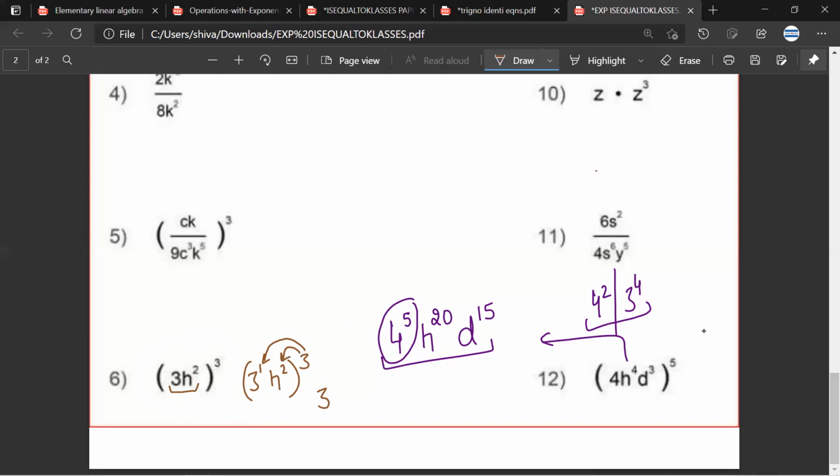So this will be equal to 3 cube into h square. Mr. Satya, any doubt? No. Mr. Sarthak? Yes, sir. Any doubt? No, sir.